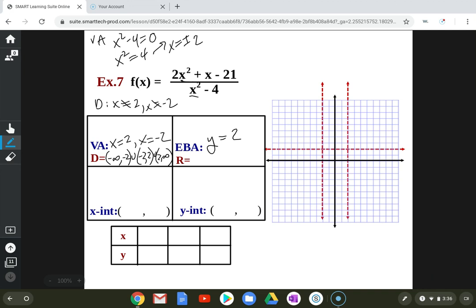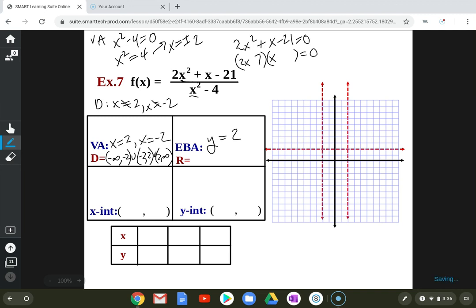Let's take a look at the graph and just make sure. First, let's find our x-intercepts. If we set 2x squared plus x minus 21 equal to 0, looks like we're going to have to factor this. So we have a 2x, we have an x. The only factors of 21 besides 1 and 21 are going to be 7 and 3.